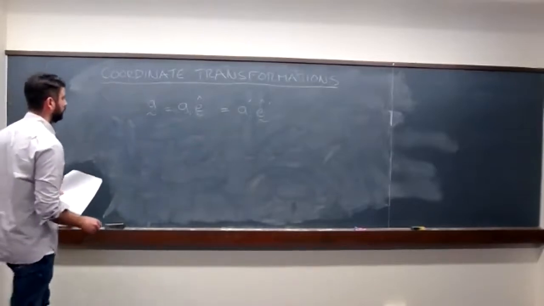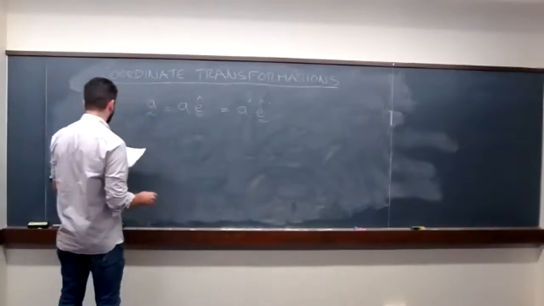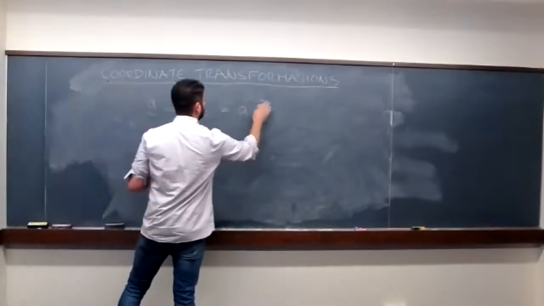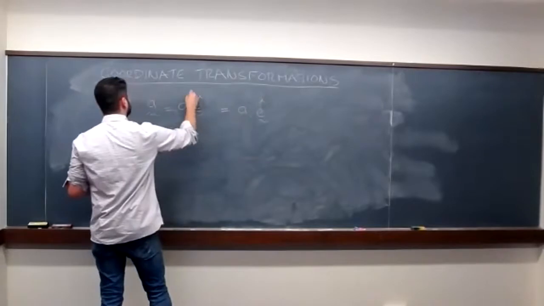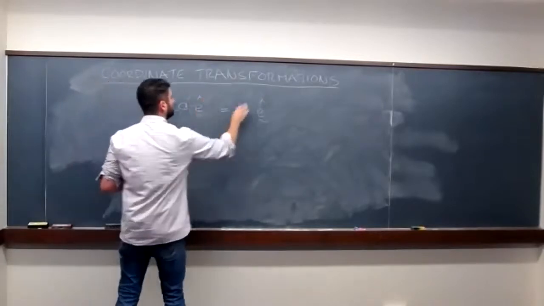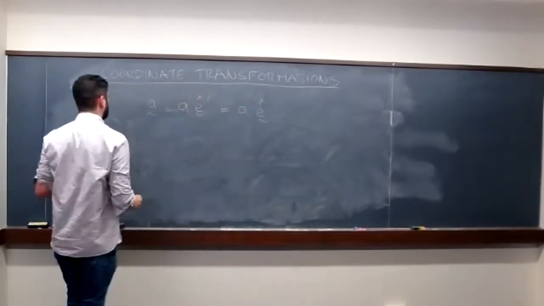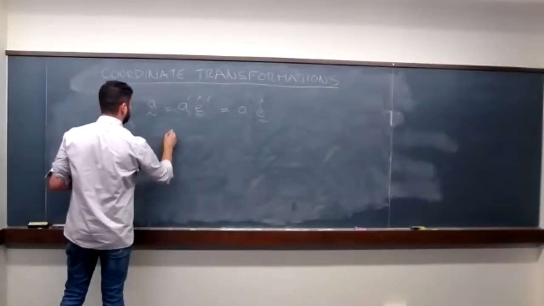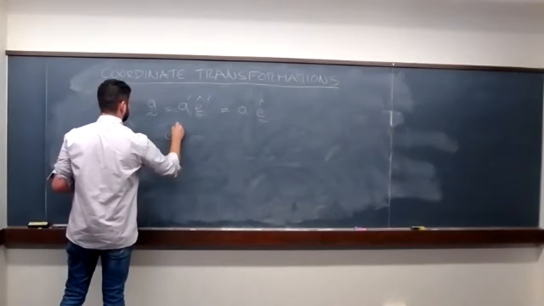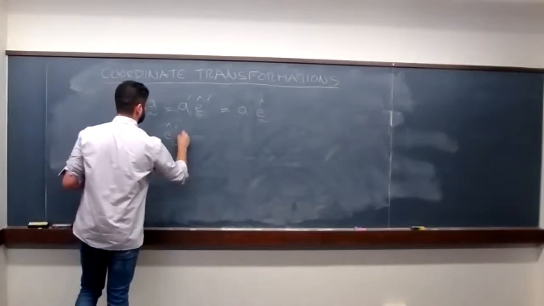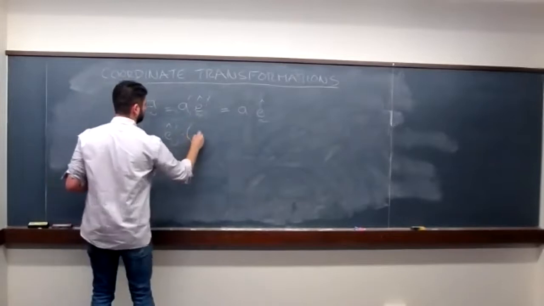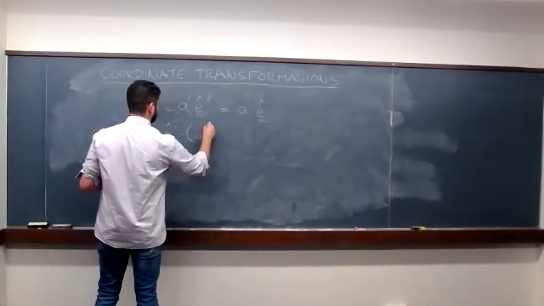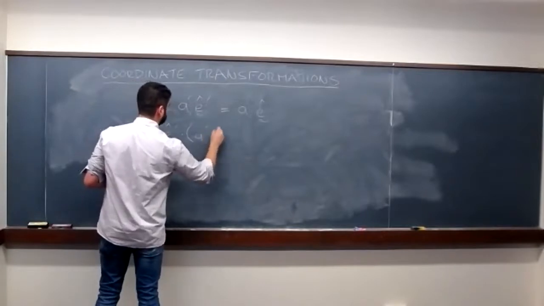What we can see is if we take a dot product, I'm going to put the new basis on this side. We take a dot product of the bases on both sides of the equation here. Be careful.